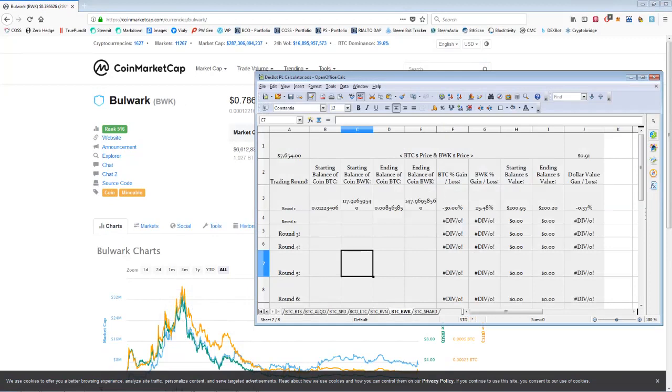It was 91 cents the last time I updated this. 0.786. 6647. And so for this one here, I would have been down just about 0.5%.